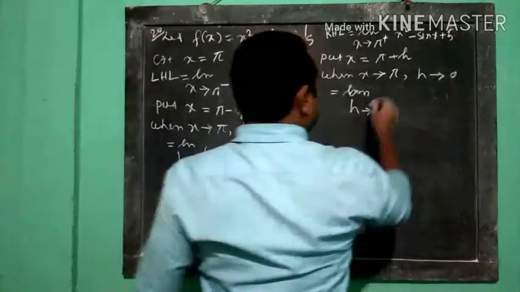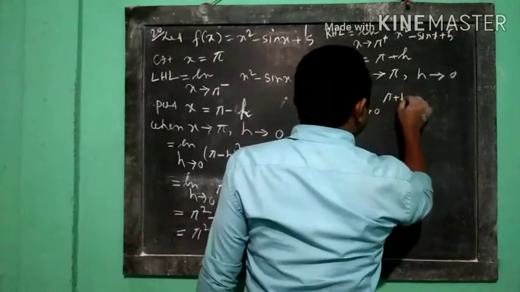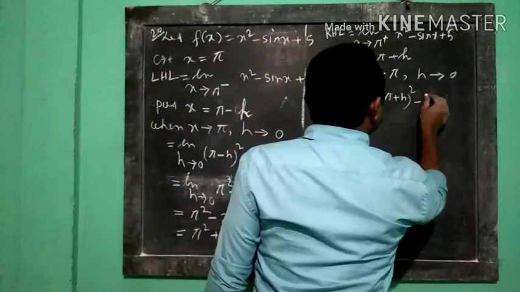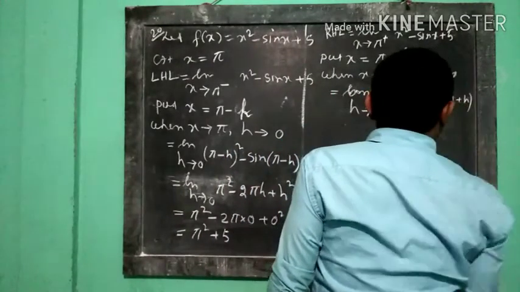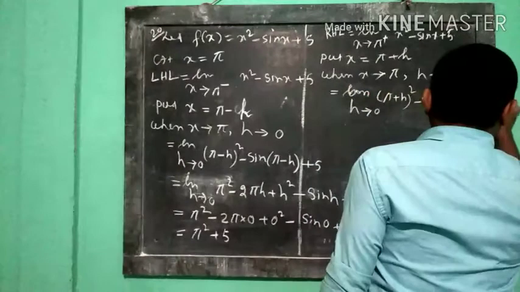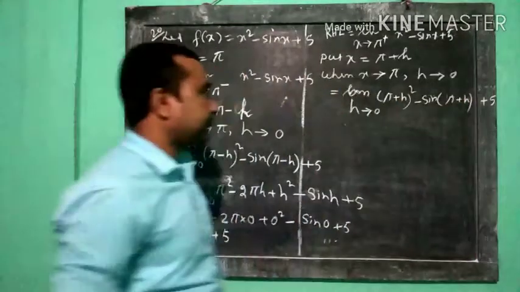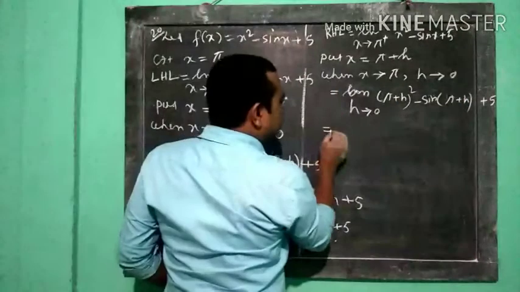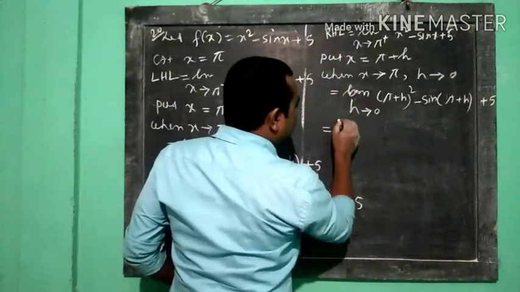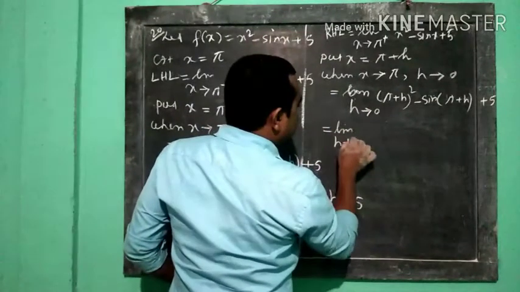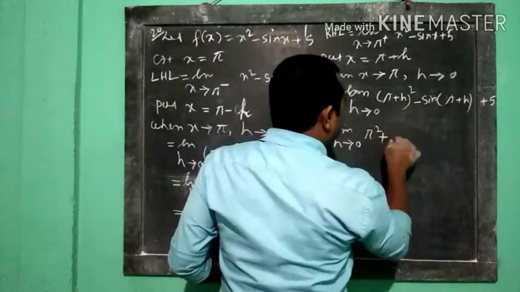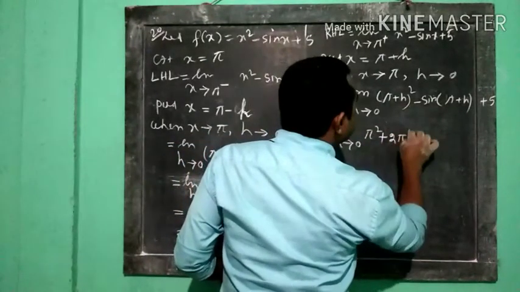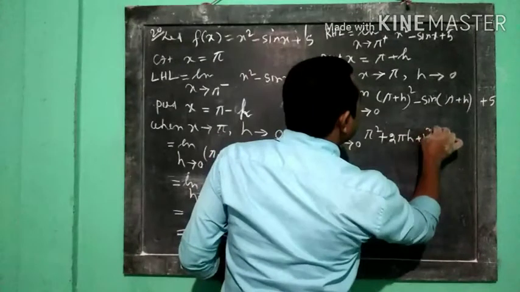Then we get limit h tends to 0 of (pi plus h) whole square minus sin(pi plus h) plus 5. Breaking the formula, this is pi square plus 2 pi h plus h square.